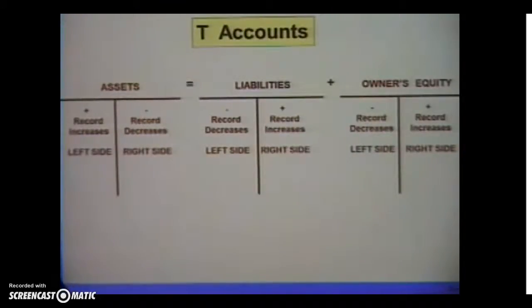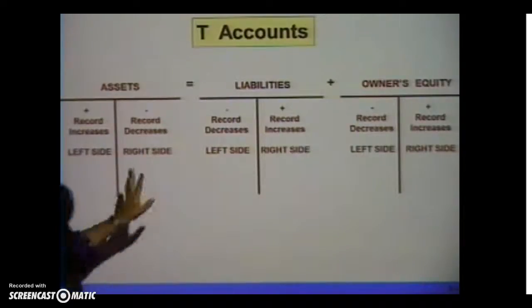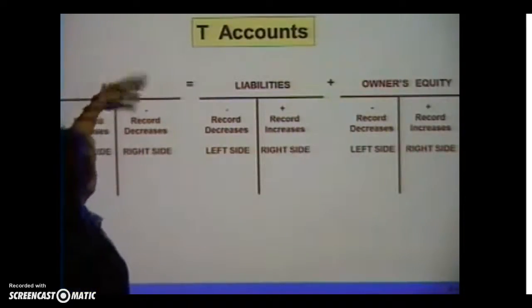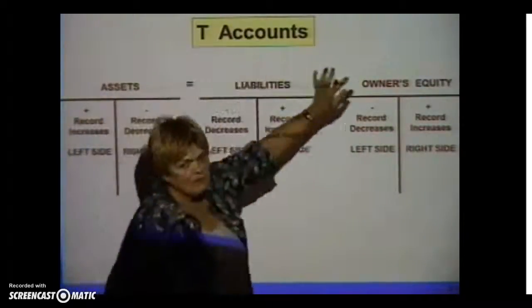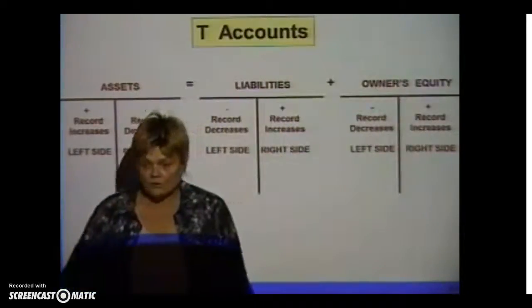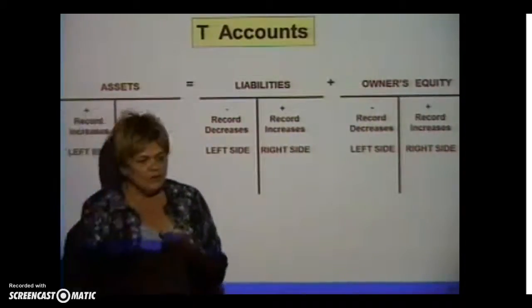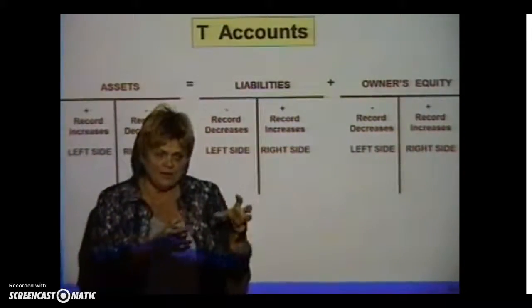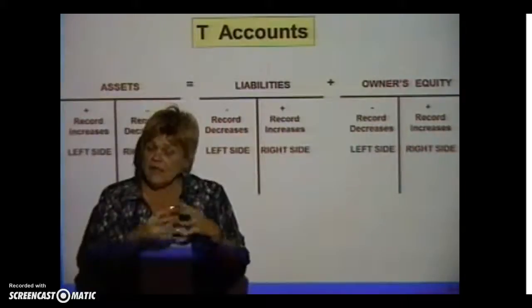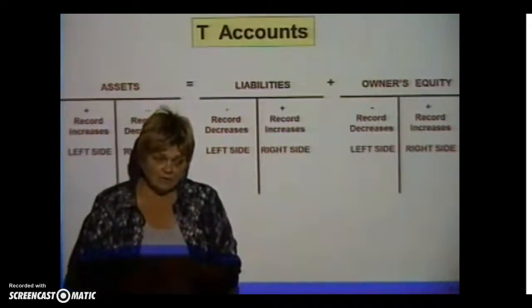Okay, the book is going to present it as a T account. And all the T is going to show you is that in every single account, no matter what it is, we have a bunch of asset accounts, and maybe several liabilities, maybe one owner's equity. And we need to keep up with, in one place, what is happening in each one of our accounts.